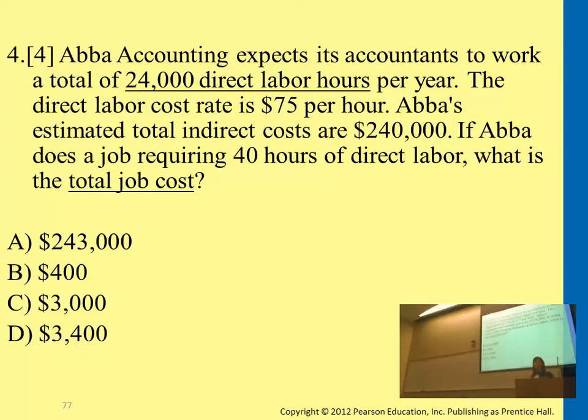Notice that this is a service company, but it also has a direct portion of the cost and an indirect portion. The total labor hours estimated is 24,000, and the cost rate is $75 per hour. However, this job only uses 40 hours. So to calculate direct cost, 40 multiplied by 75 gives you the direct portion. Now what about indirect cost?